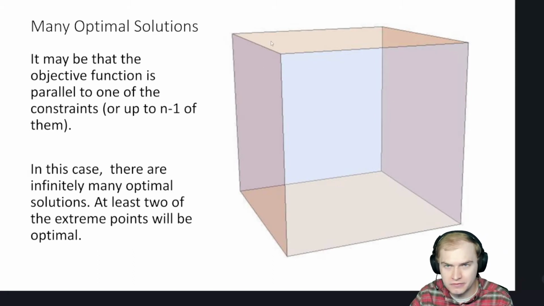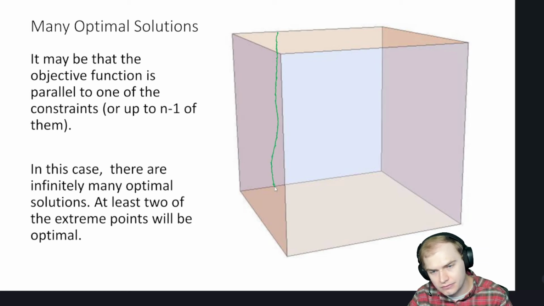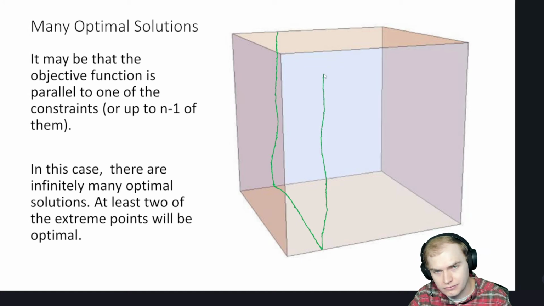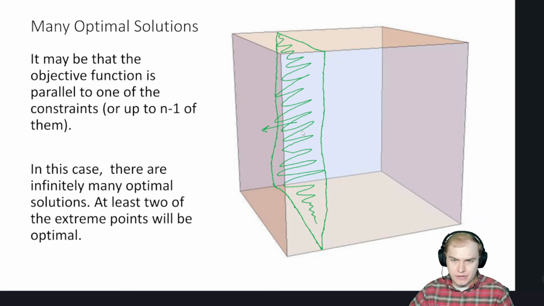Suppose we have an objective function with this level curve. And its gradient points straight out towards this wall, or towards this face of our cube.